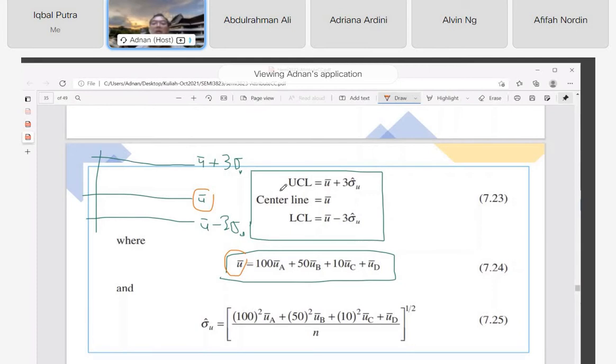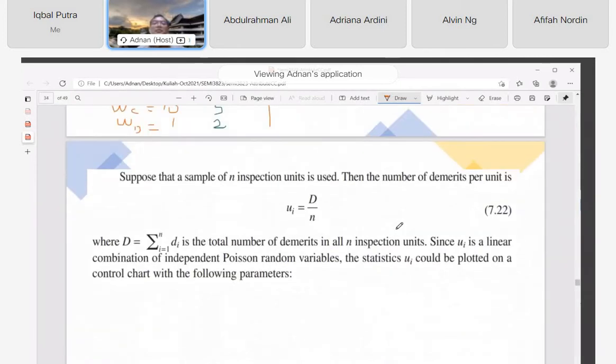So the difficult part is how to get this sigma U. Remember that U, like what we have done earlier, is the ratio of defects divided by n, the number that we use in the inspection.